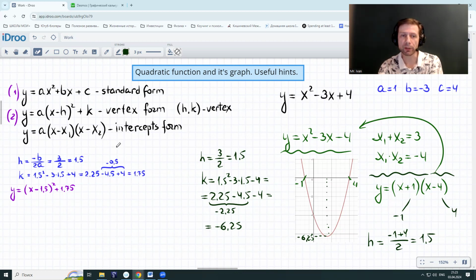And one more thing, if we have a vertex form and we want to find the standard form, again, simply it's about expanding the parentheses.